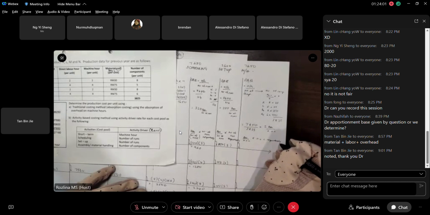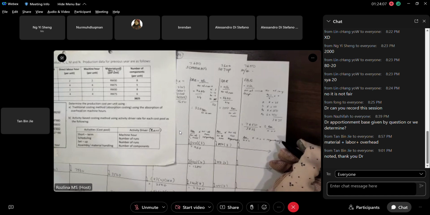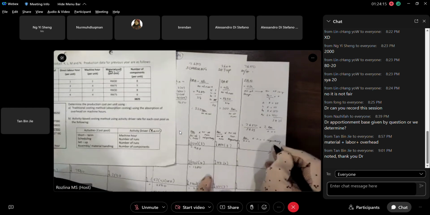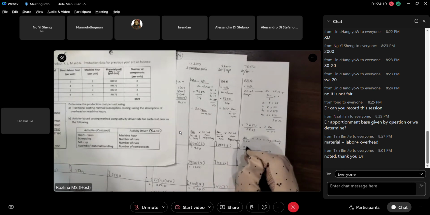Ini yang macam kita buat tadi lah, yang si Brandon dengan siapa tadi? Chang Yao. Kan kita ni number respectively masing-masing. Ini RM2.